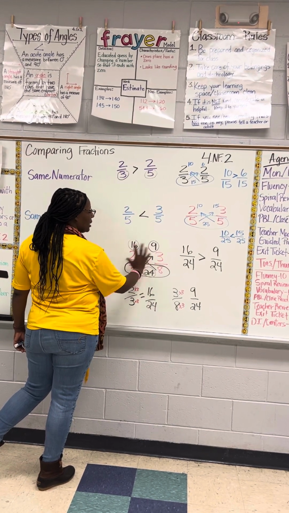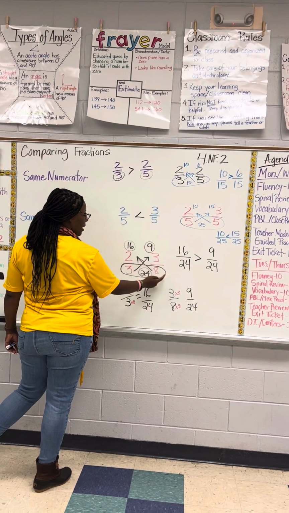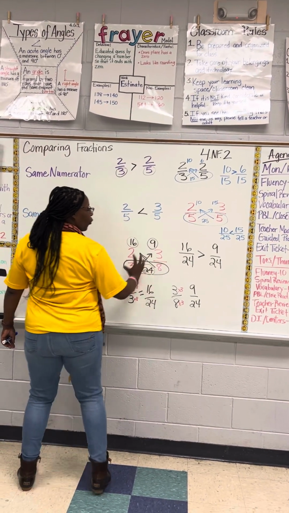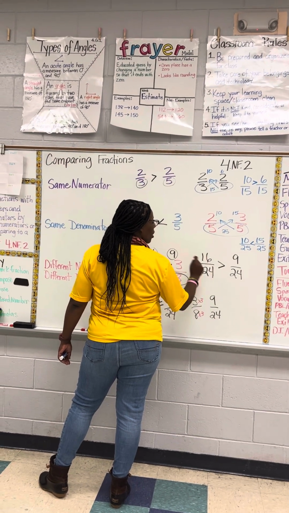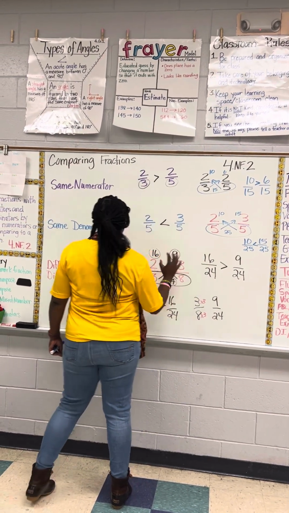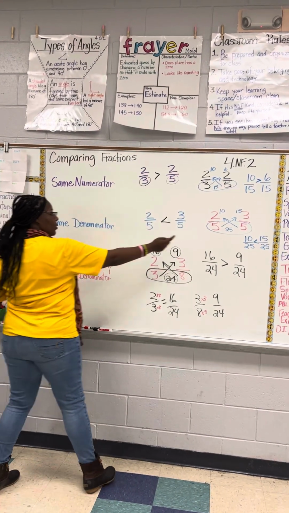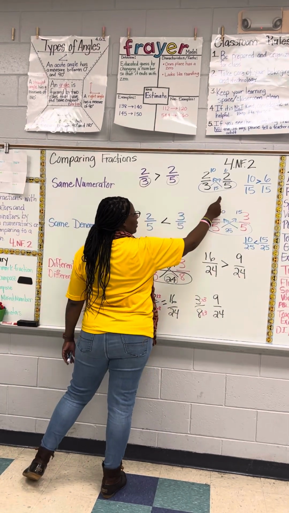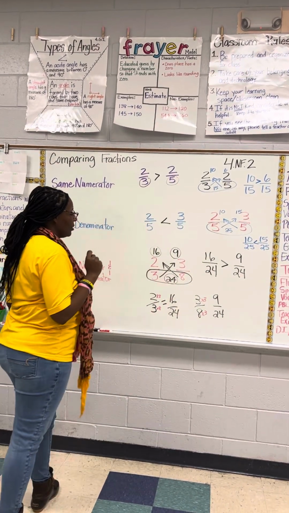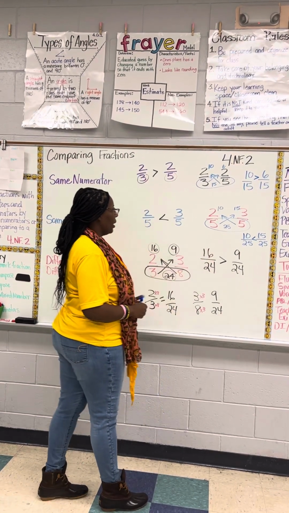Doesn't matter what numbers are at the top or the bottom. Just do from here to this side, from here to this side, and do the denominators. Rewrite it, and just look at the numerators and go with the larger numerator. This method can be applied to same denominator, which I did over here, same numerator, which is what I did over here. If all else fails, you can always cross multiply and rewrite it to be able to compare the fractions.